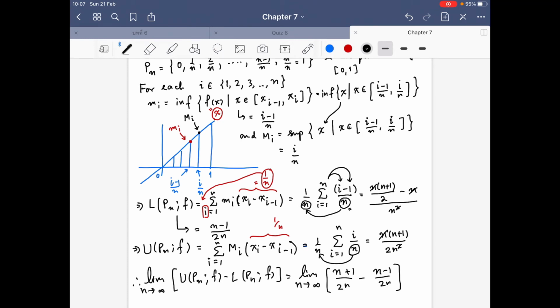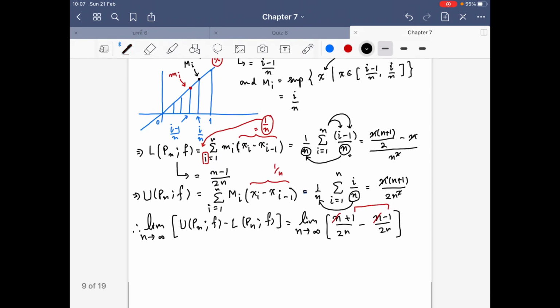Okay, so the n cancelled, right, and the ones combine, so you got a limit of 1 over n, which is 0. So it means that this limit goes to 0.